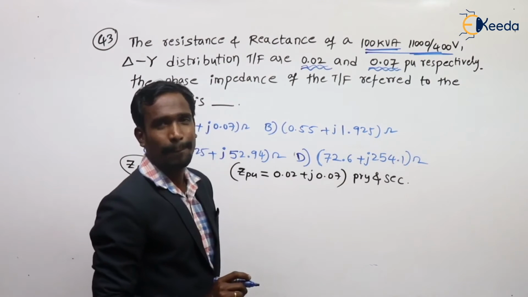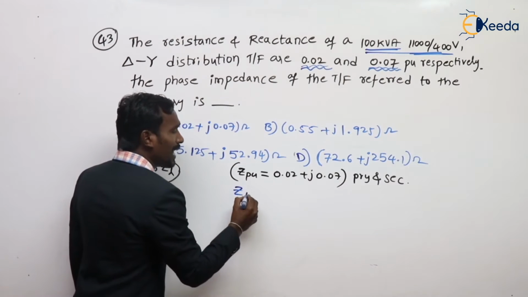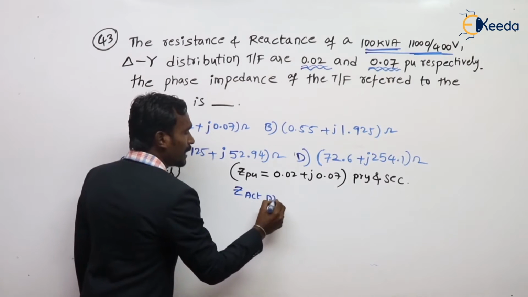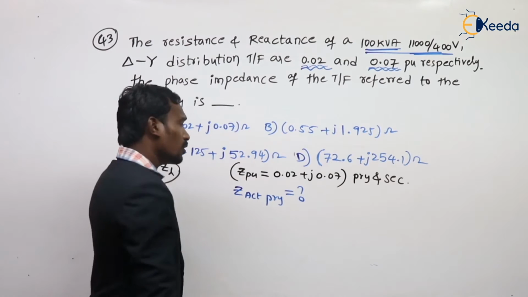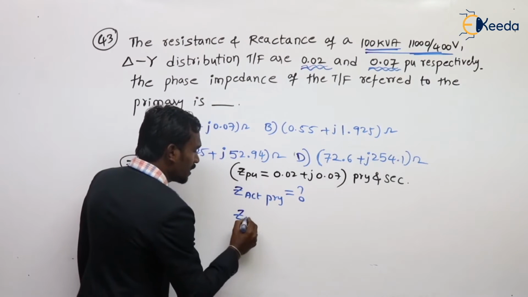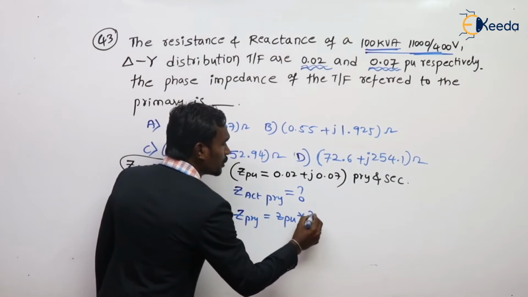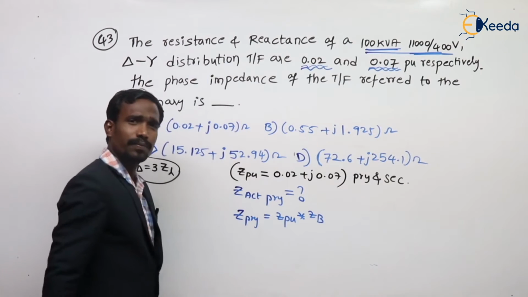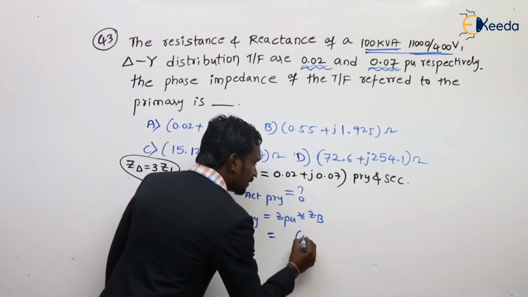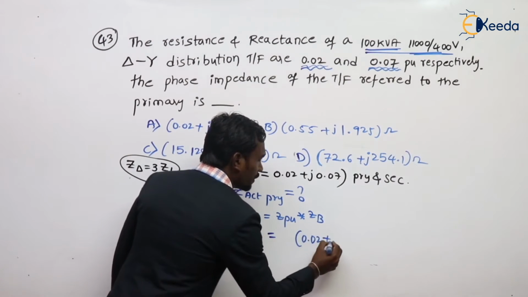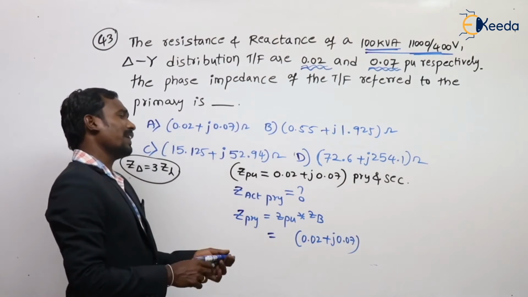Next they want the Z actual value of primary. I told you already, Z actual value is equal to Z per unit into Z base. Z per unit we know, 0.02 plus 0.07, but Z base we have to calculate.